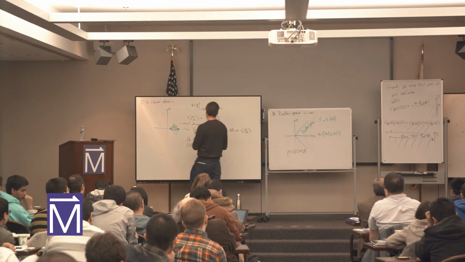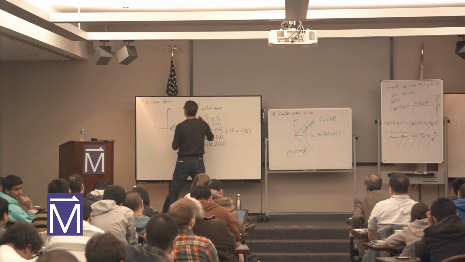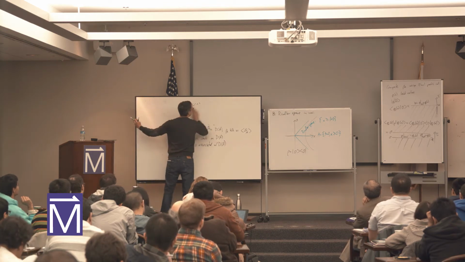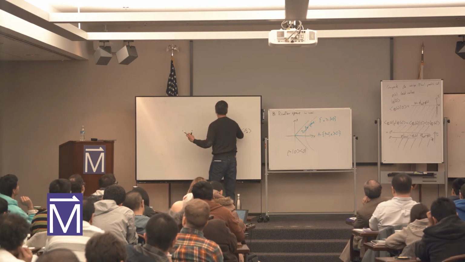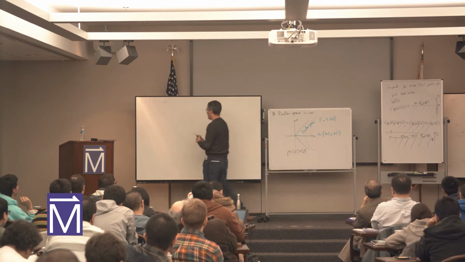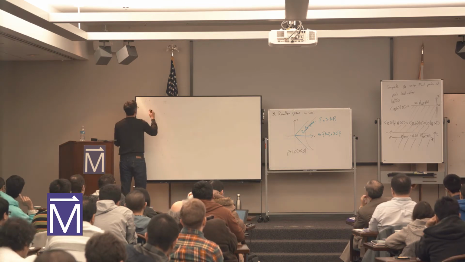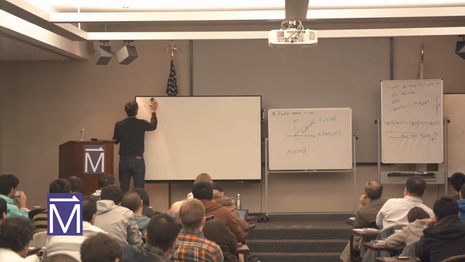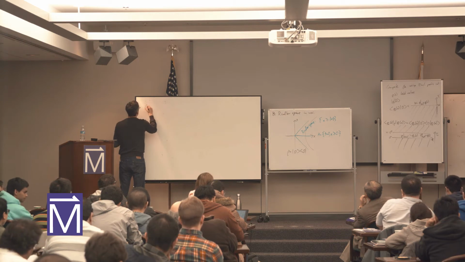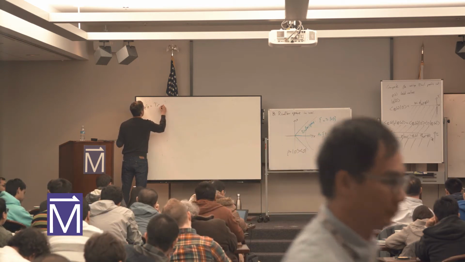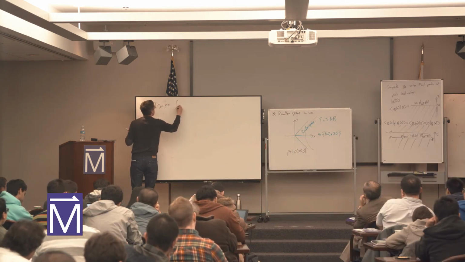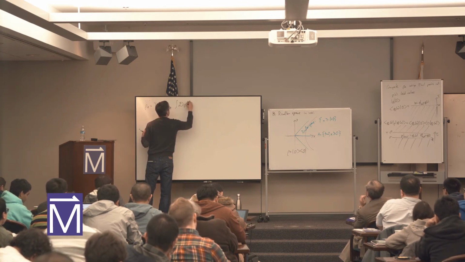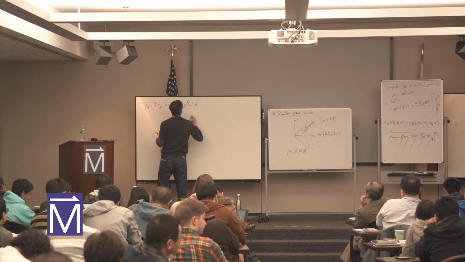So the next thing we need to do is take a trace on A complement. And the trace means we just integrate over everything. So let me write this. rho sub A is the trace on A complement of rho. That means it's the integral over phi of x on A complement of rho.